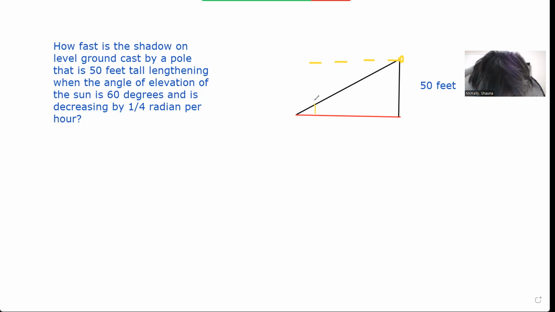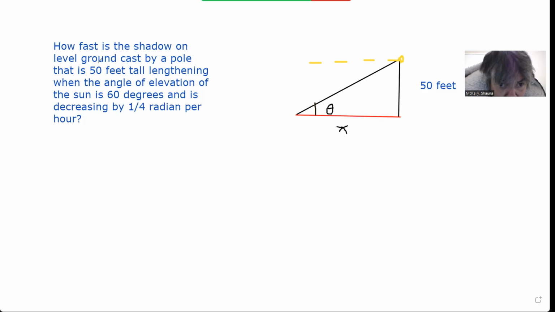So I have an angle here that my sun is making, and I'm going to call it theta. You can call it whatever you want. I'm going to call this length x. This is the length of my shadow that the pole has along the ground.